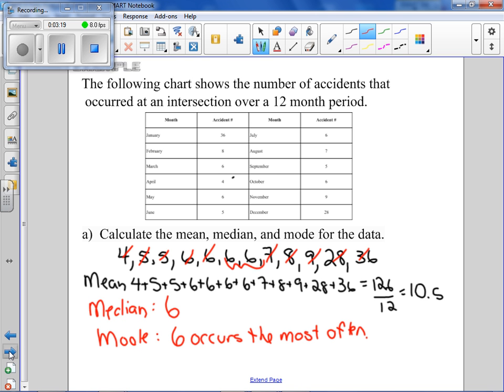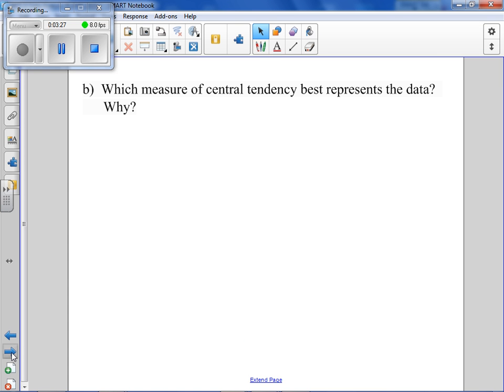Now we're going to look at the 3 measures and see which one is the best. So it says, which measure of central tendency best represents the data? Usually that's always going to be either the mean or the median.